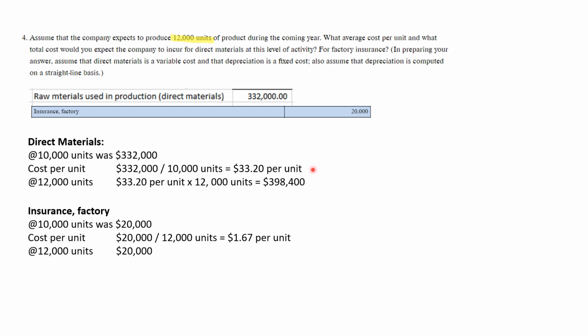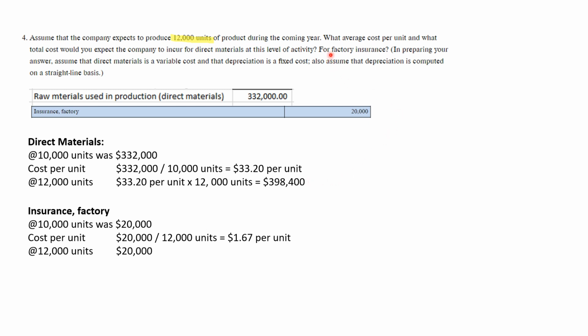But if we look at our total cost, so using 12,000 units, we'll now have to multiply our cost per unit of 33.20 times 12,000 units to get a total cost of 398,400. So as you can see, the variable cost, like direct materials, our cost per unit has stayed the same. It won't change at 10,000 or 12,000 units, but our total cost has increased with the activity.